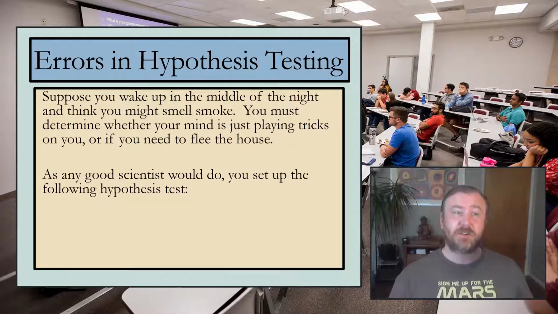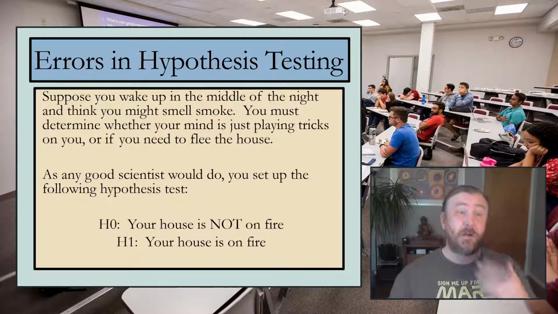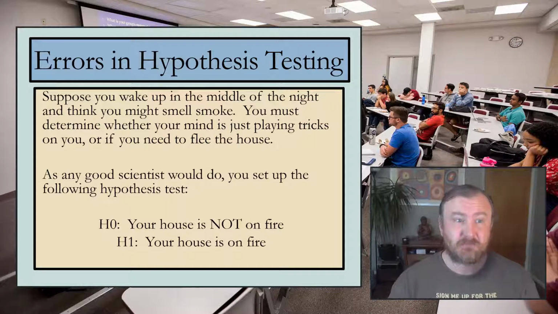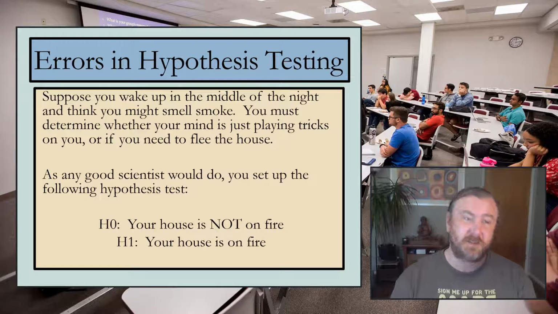As any good scientist would do, you set up the following opposing hypotheses. The null hypothesis, the default, is that the house is not going to be on fire. The alternative hypothesis is that your house is on fire.